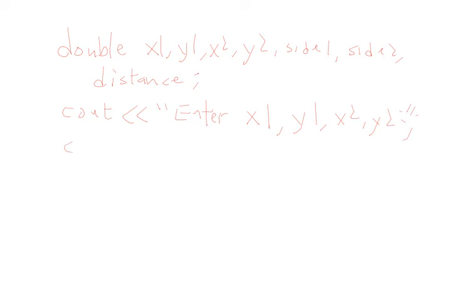Okay, and now my cin command is going to be x1, y1, x2, y2. Okay, because now with that cout command, the user sees that message and knows they have to type in 4 values, okay, in that order. So what are they going to do?